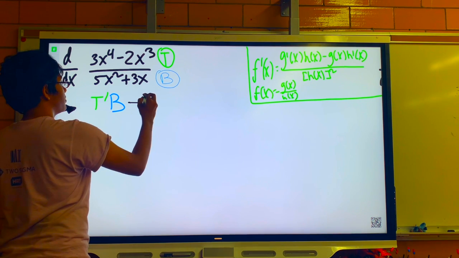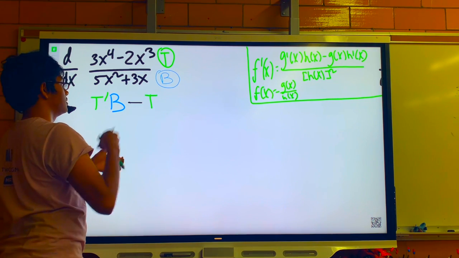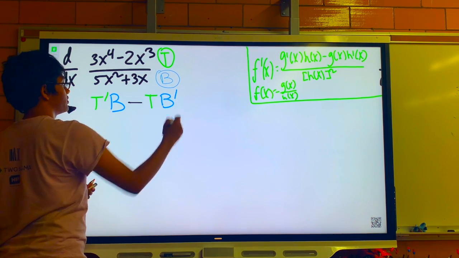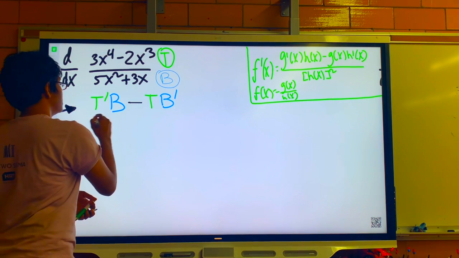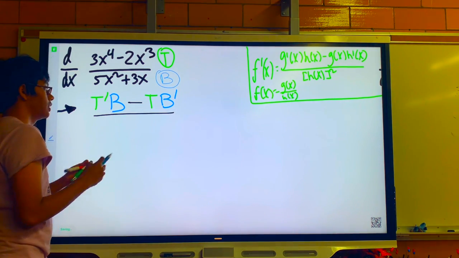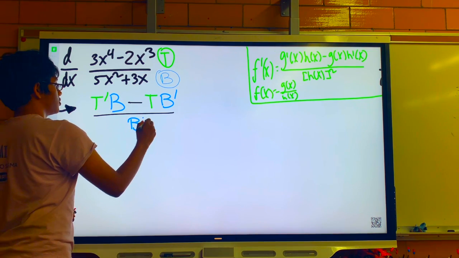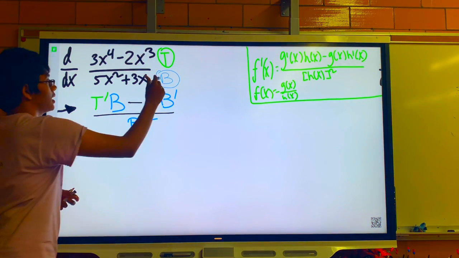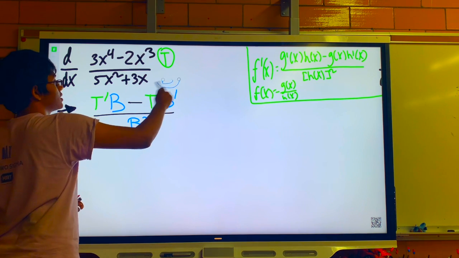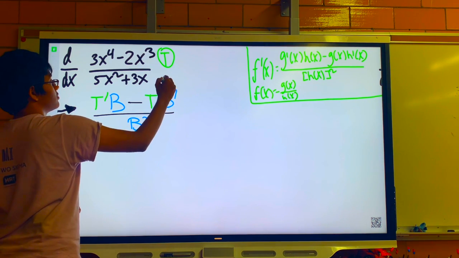So the derivative of the bottom times whatever's on top. And we divide all of that by the bottom function squared. So I'm going to write b squared. Okay, now all we have to do is plug in, right? Let me erase this. So this is b.